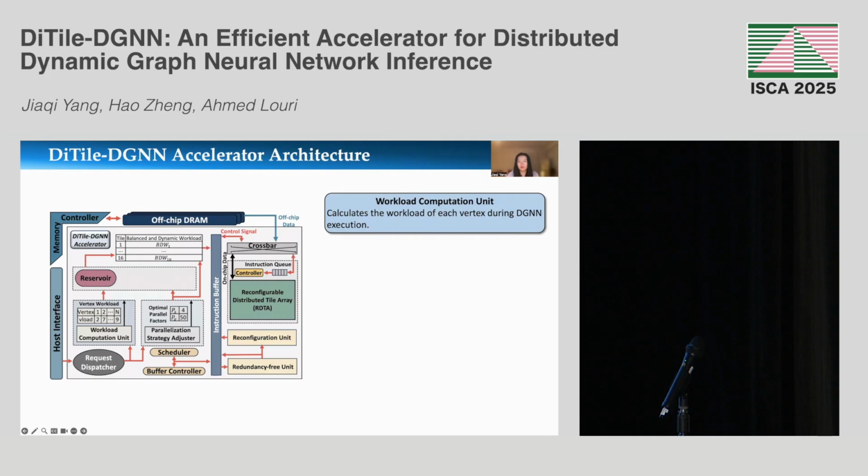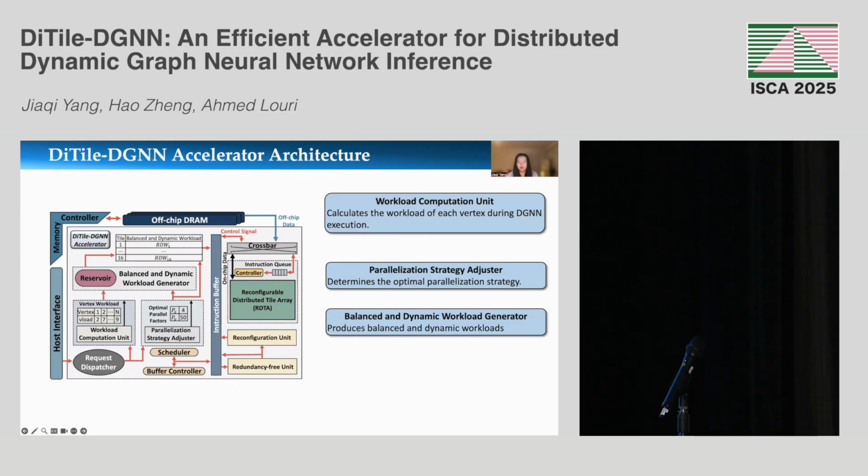In parallel, step 3, the parallelization strategy adjuster selects the best snapshot and vertex power level factors, PS and PV, using both the graph metadata and hardware resource constraints. These decisions are forwarded to the balanced and dynamic workload generator in step 4, which produces the logical partitions. We call these BDW groups. In step 5, these workload groups are stored in a reservoir.